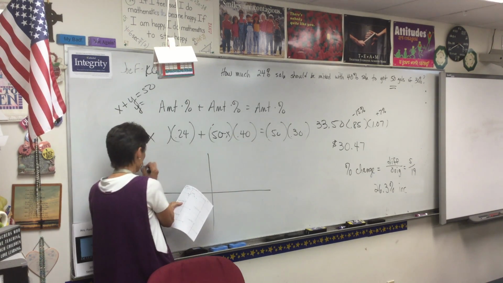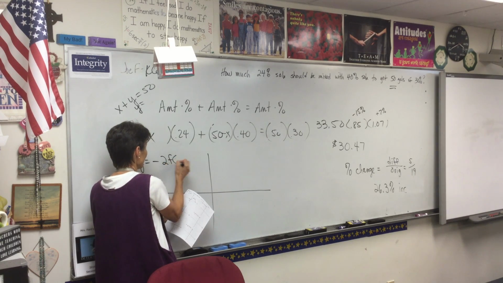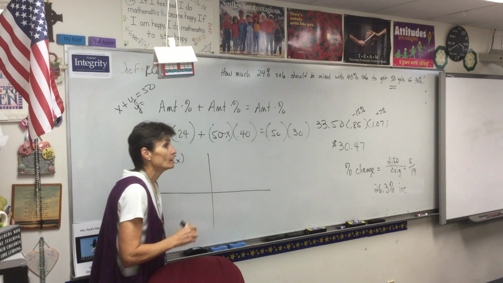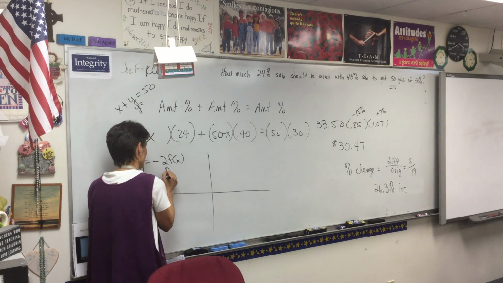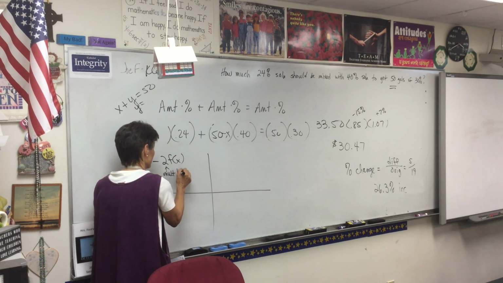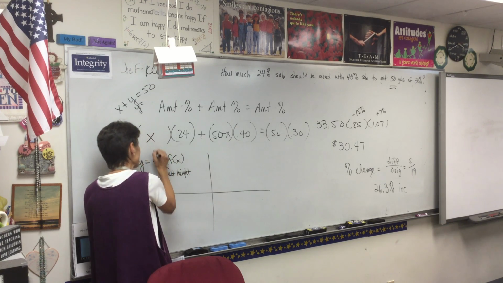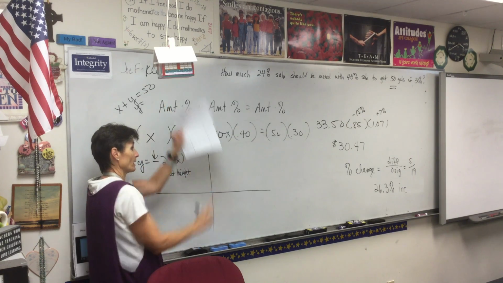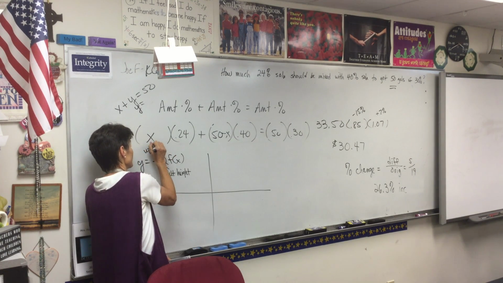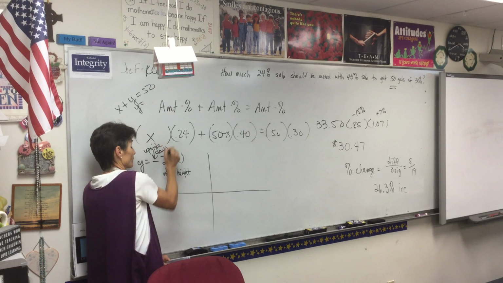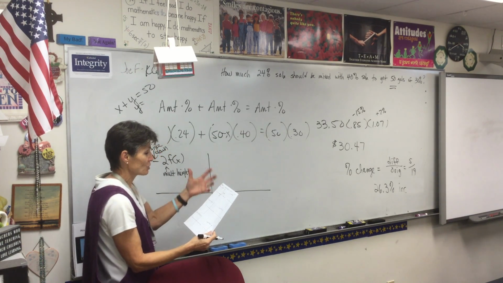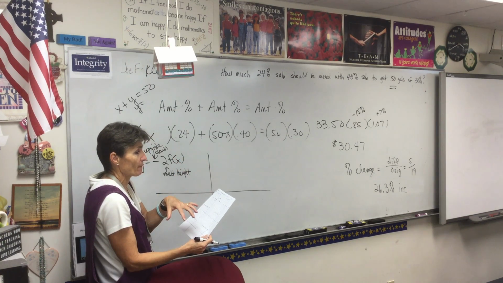What do we do with negative 2f of x? Multiply by the height. The height is multiplied by 2. And it's a negative, so it's going to go upside down. So in the original, your picture is a little triangle and a bigger trapezoid.